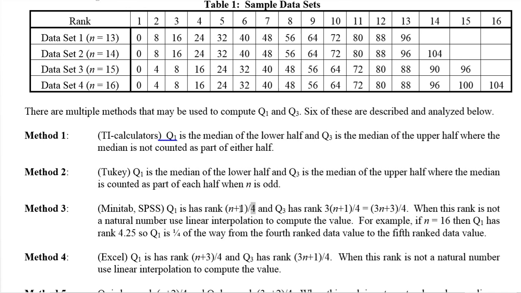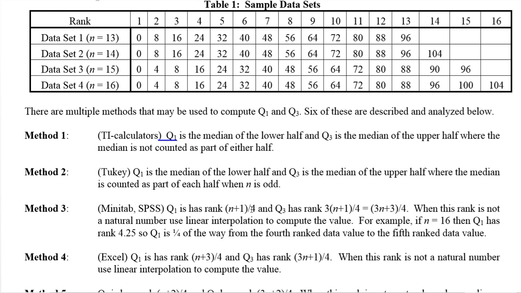And if that's a whole number, in the case of 15 data points, 15 plus 1 is 16, divided by 4 is 4. You just take the 4th one: 1, 2, 3, 4. It'd be 16.